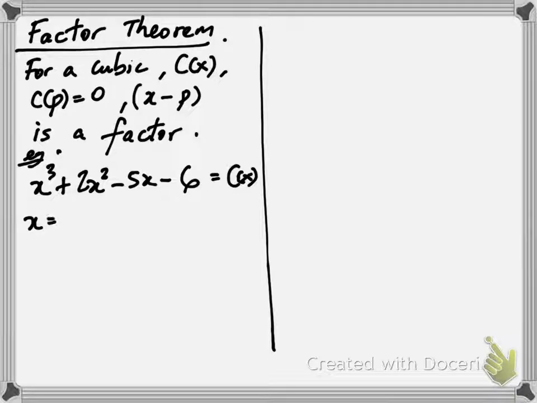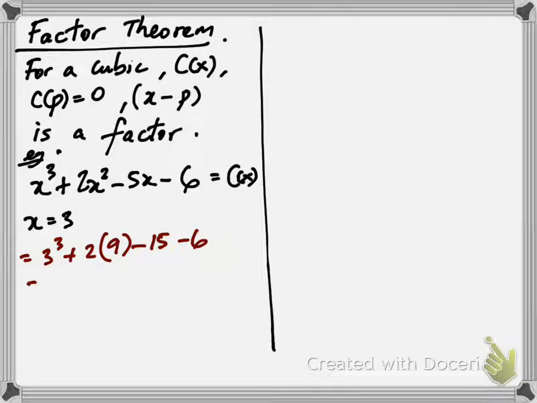If we substitute x equals 3 in the above expression, we end up with 3 cubed plus 2 times 9, 3 squared, minus 15 minus 6.